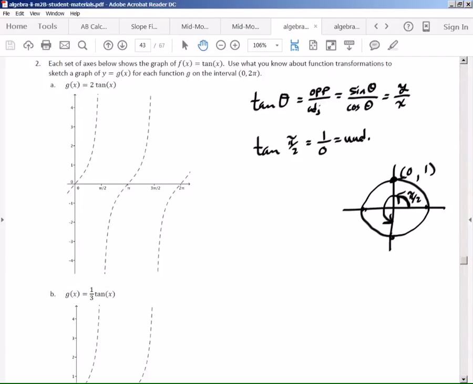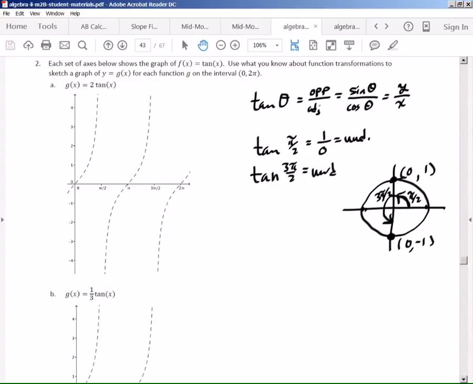It's 3 pi over 2. And what are the coordinates right there? 0, -1. So the same case here, we would get undefined for tangent. You guys understand that? That makes sense? So for tangent of pi over 2 and tangent of 3 pi over 2, we both get undefined.